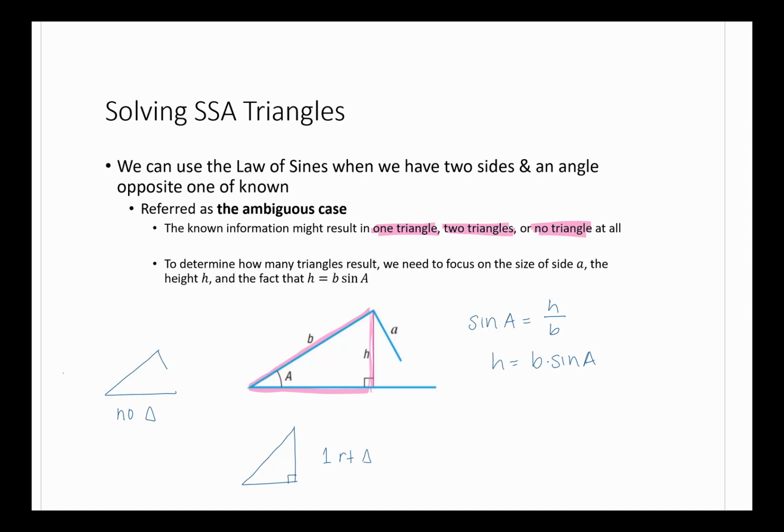Or if this length a is longer than h, I could actually swing it. I'm able to take this piece and make this kind of triangle where this is fixed and this angle is fixed. Or I can swing it so that it goes the other way, and it would look something like that.